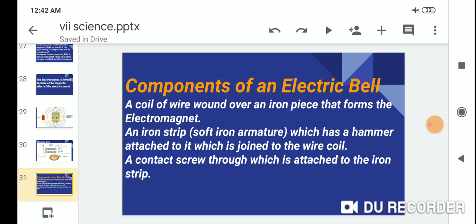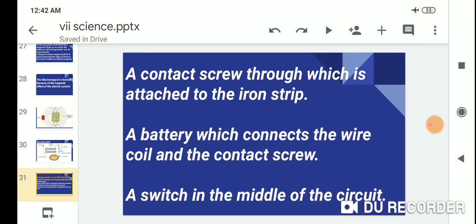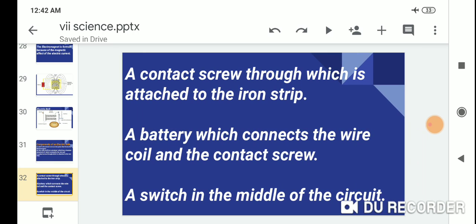A contact screw through which the wire is attached to the iron strip. A battery which is connected with the wire coil and the contact screw, and a switch in the middle of the circuit.